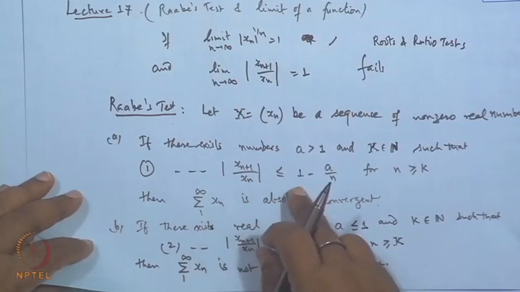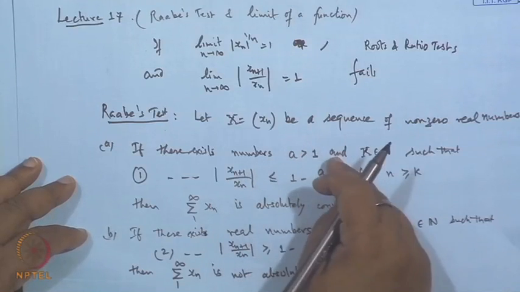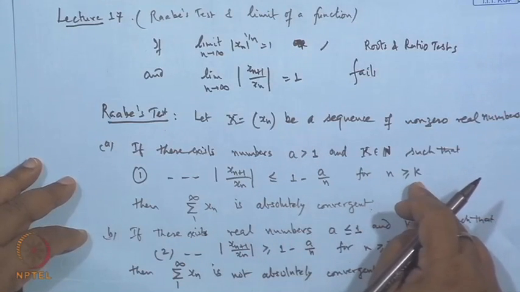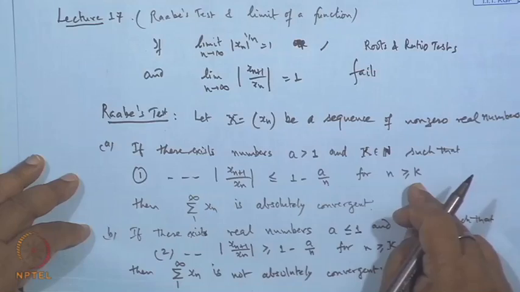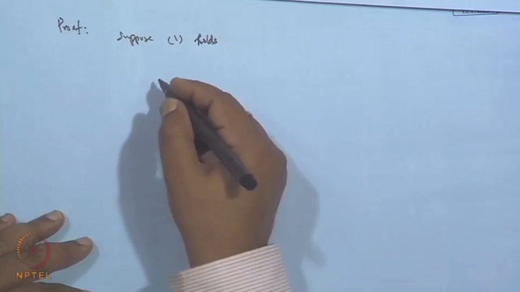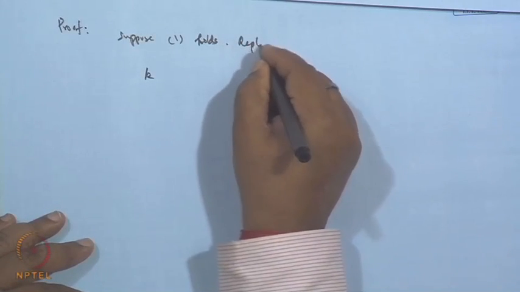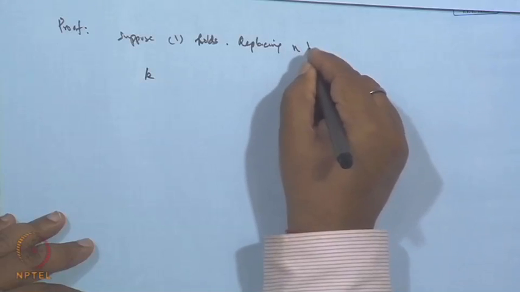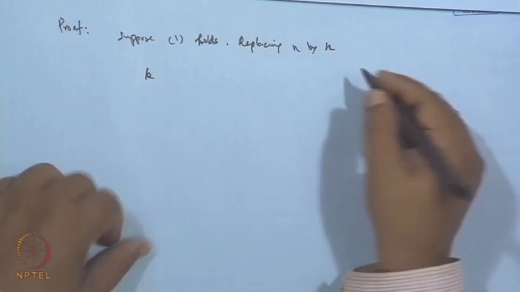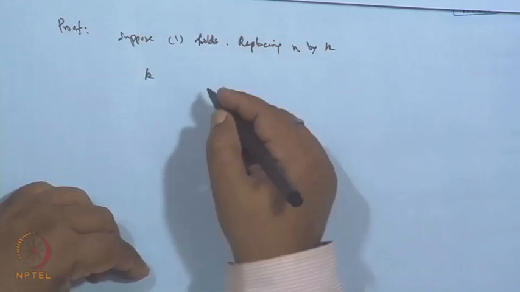So, 1 holds means |x_(n+1)/x_n| is less than or equal to 1 minus a/n, where there exists a number a greater than 1 such that this is true for all n greater than or equal to K. So, let us replace n by small k.